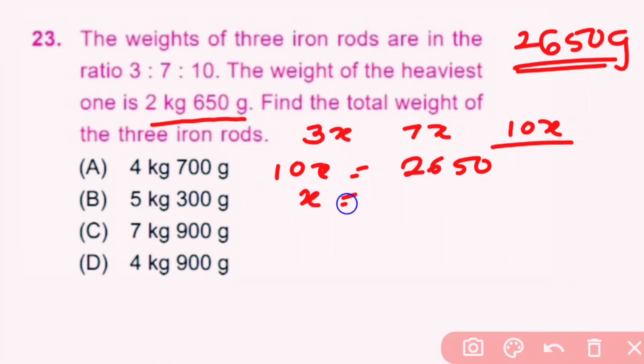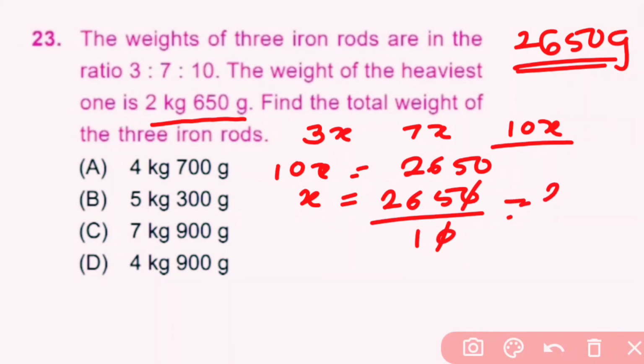So x is equal to 2650 divided by 10. See here the 0 gets cancelled. It will be 265 grams. Now we put the x value in these two.